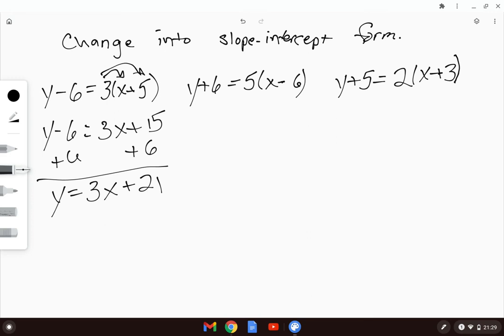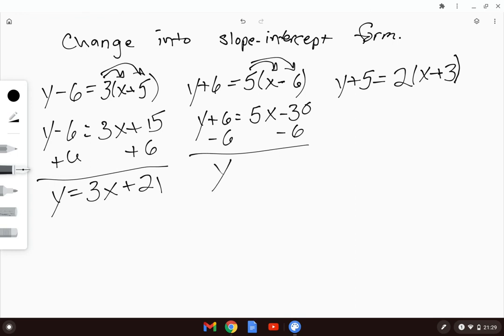So there's the first one. It's the second one.